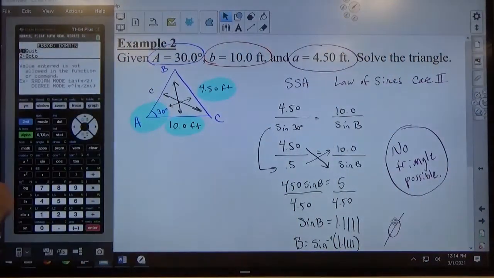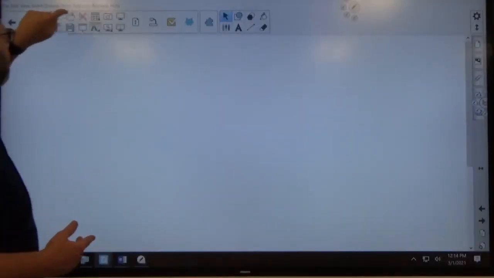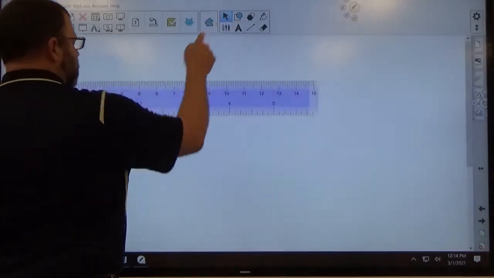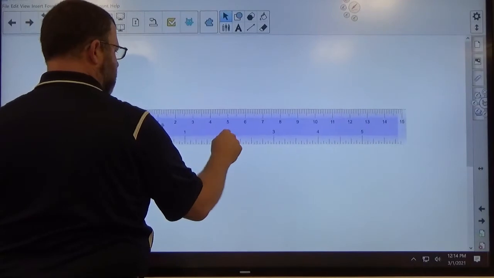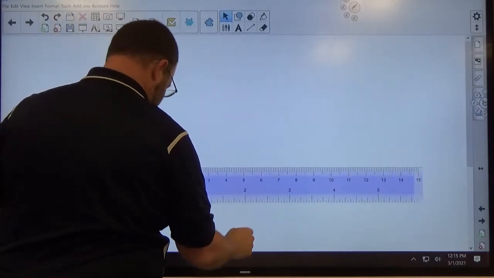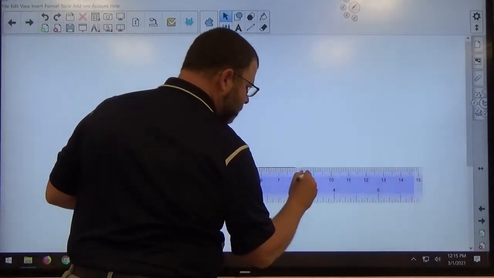Let me give you a visual of this if I draw it to scale, just real quick. Sometimes people see a visual, it helps make sense. So I draw this thing to scale. If I get myself a ruler here, and I draw a side that is 10 feet long, so I'm going to make it 10 centimeters long.